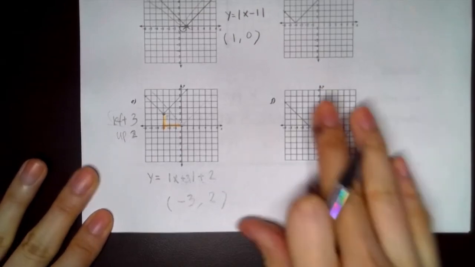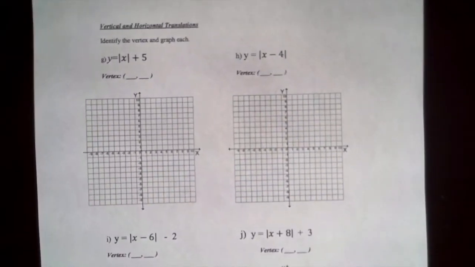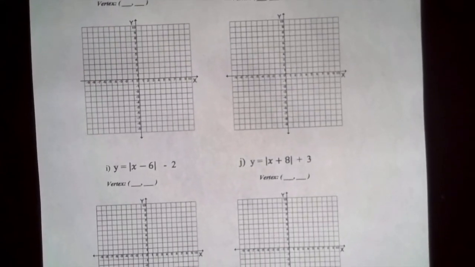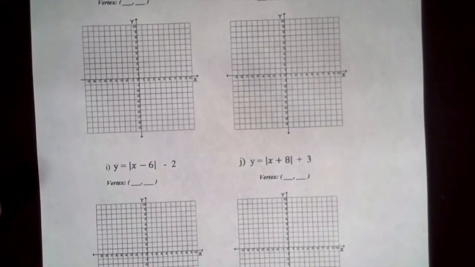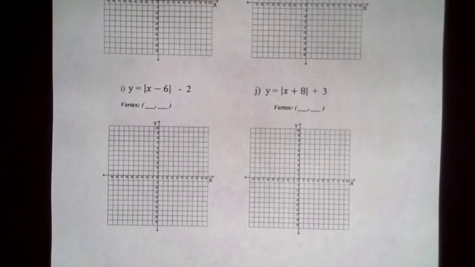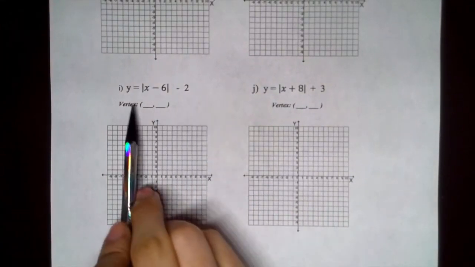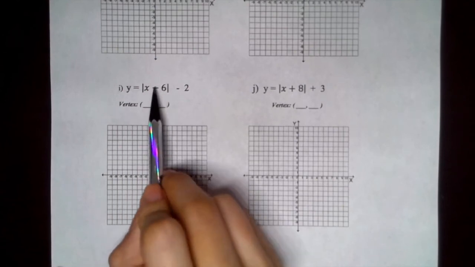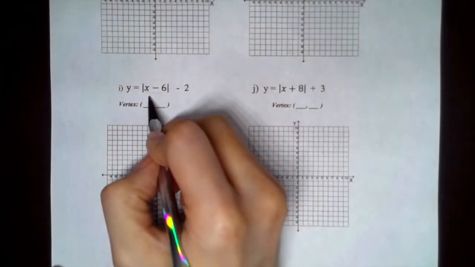Okay, so guys, the next page is your work. You're sketching it and getting your vertex. For example, from here, I'm going to try this one. Your vertex is what? Change the sign from here, 6.